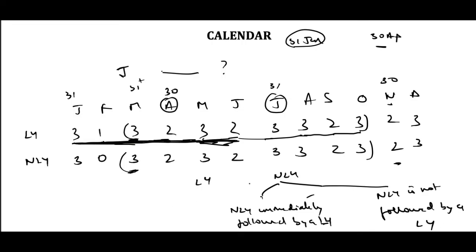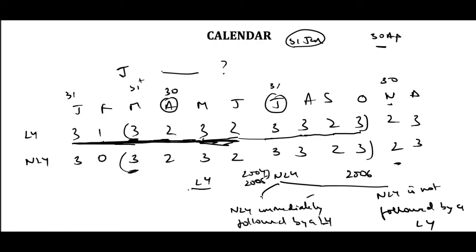For example, we have 2005, which is followed by 2004... immediately after a leap year, and then we have 2006, which is not followed by a leap year.